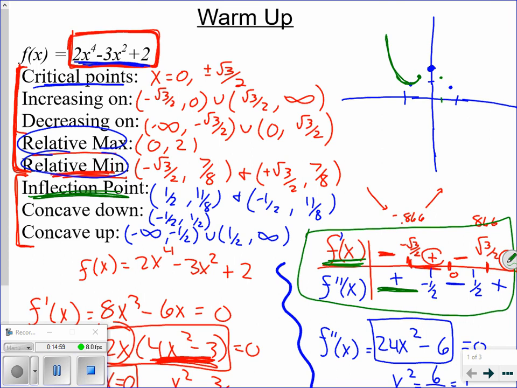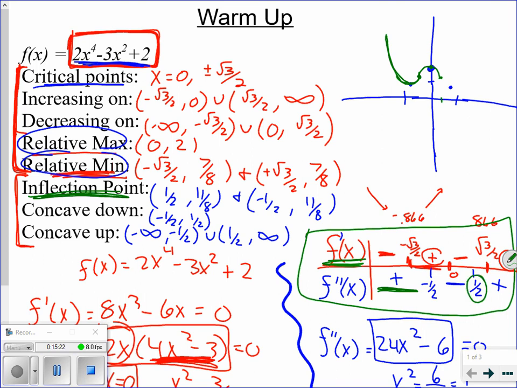That is concave up. But between negative 1/2 and positive 1/2, we change concavity. We go to concave down because it's negative. So this is still going to be a maximum right here, but the concavity changes a little bit. You see how it goes from concave up to concave down.